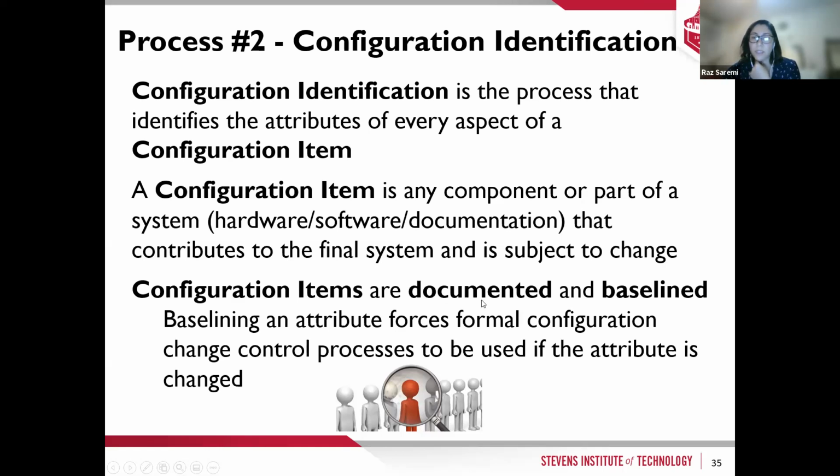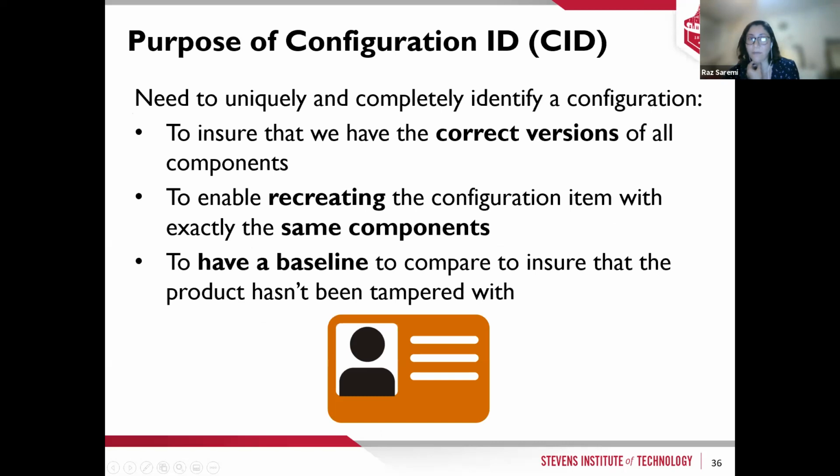So I need to make sure that everything is documented based on the different IDs that we have. This process helps me make sure that I'm on the correct version. I can recreate whatever I need in the same component, and I have a baseline to compare because I can trace everything back based on the ID, right?